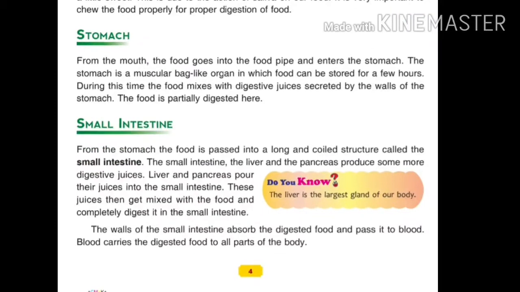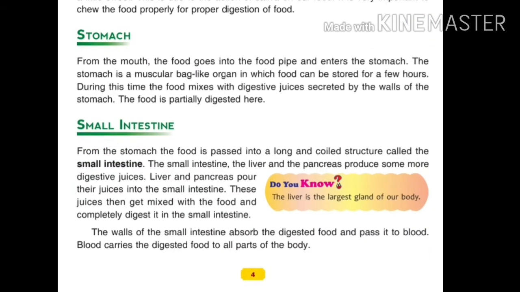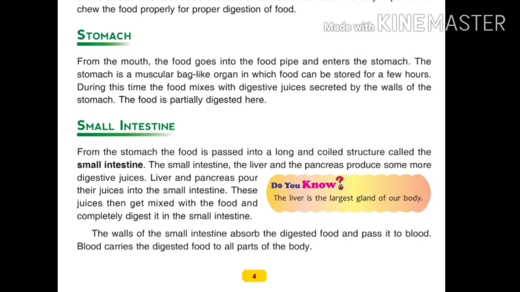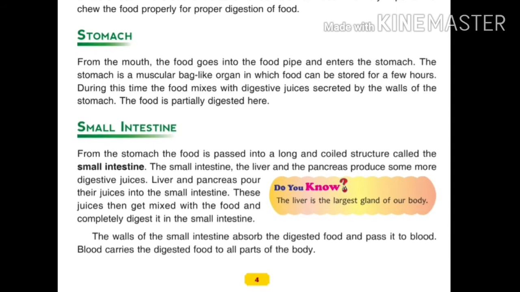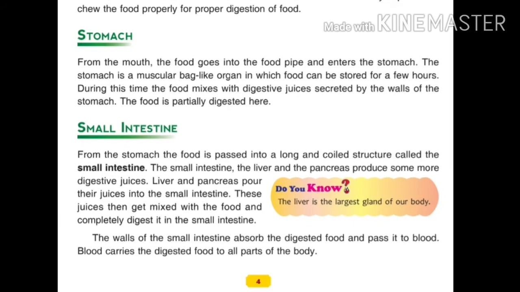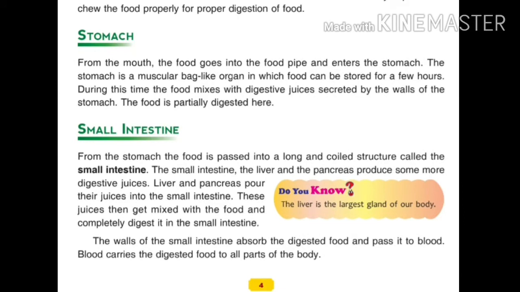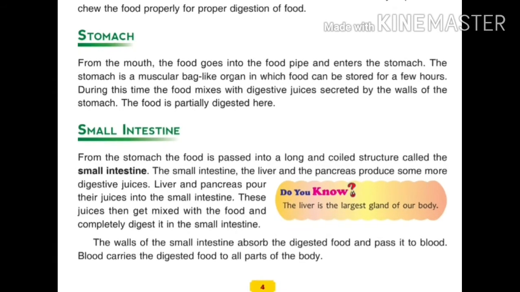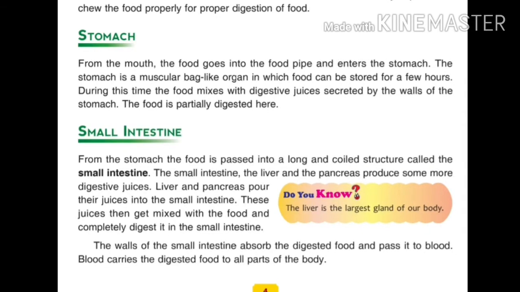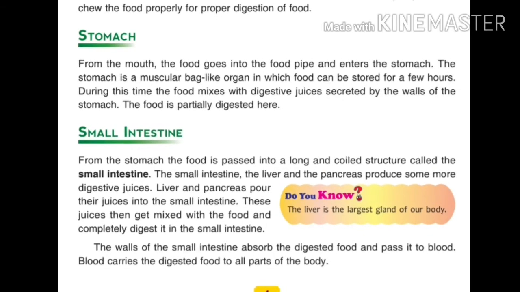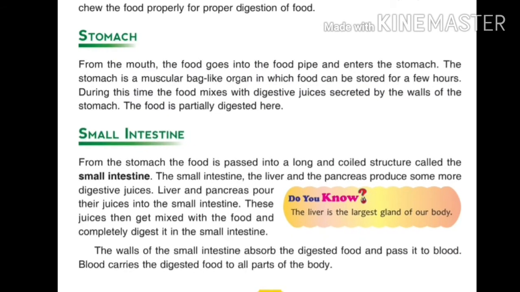Now let us learn about the stomach. From the mouth, the food goes into the food pipe and from there it enters the stomach. Now what is the stomach? The stomach is a muscular bag-like organ in which food can be stored for a few hours. It's not like when you eat the food, it immediately gets digested.